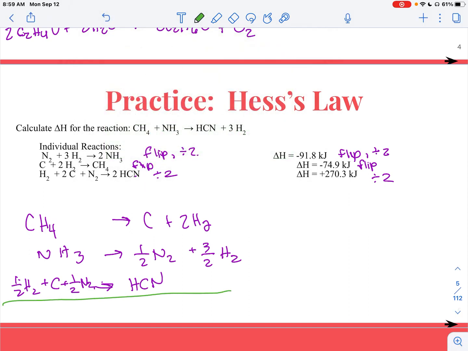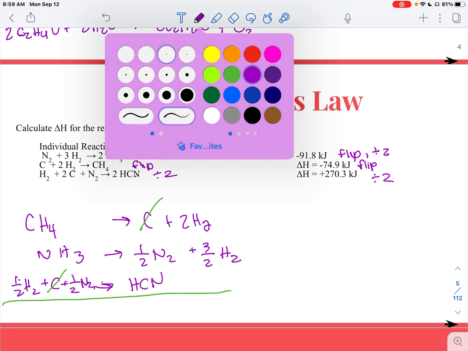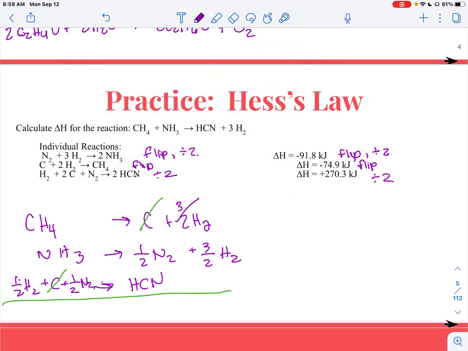Let's add them together just to be sure we got the right thing. So we have carbons that cancel. Oh wait, this should be, sorry, 3/2, not just 2. Oh no, that was right.